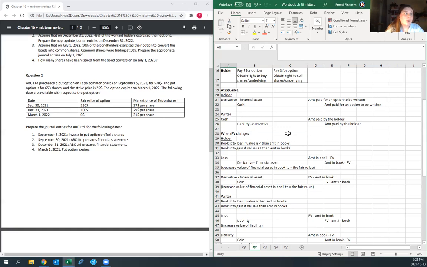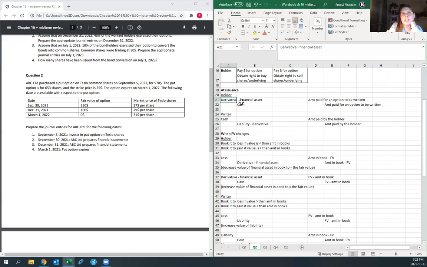So at issuance, I'm going to use option in this case instead of derivative, it's just easier to say. If the holder paid an amount to have an option at issuance, let's say they paid $500, then they're going to put that amount into a financial asset.